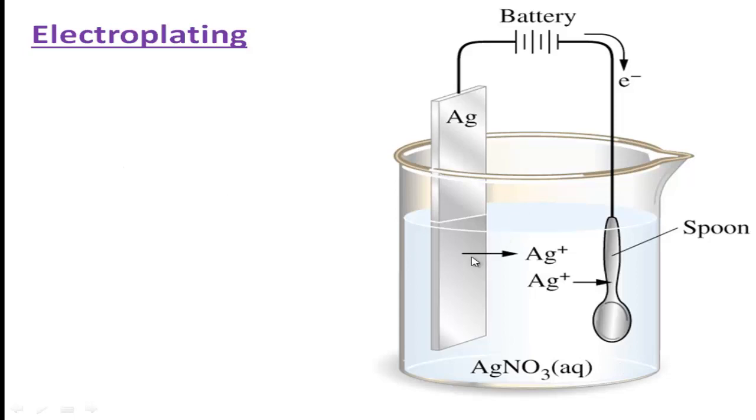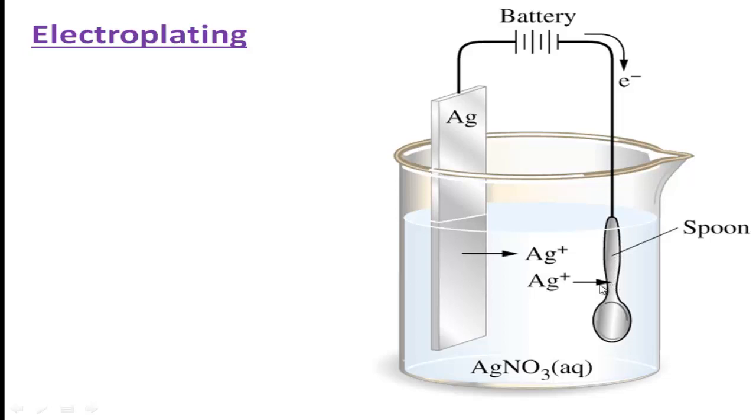Now follow here. From the silver bar, silver atom releases electron and is converted into silver ion and mixed with the solution, and this electron reaches the cathode, the spoon. Now from the solution, silver ion is attracted by the cathode, goes to the spoon, accepts electron and is converted into metallic silver.